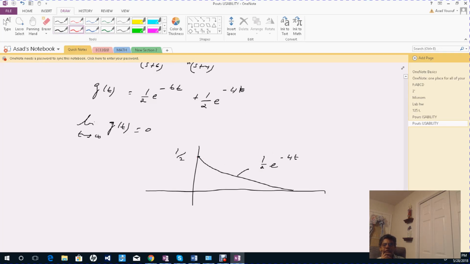This is half e^(-6t). Of course, if you take the sum of the two, it's going to start somewhere at 1 and then decay down.